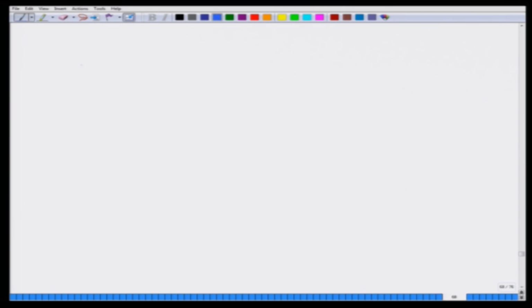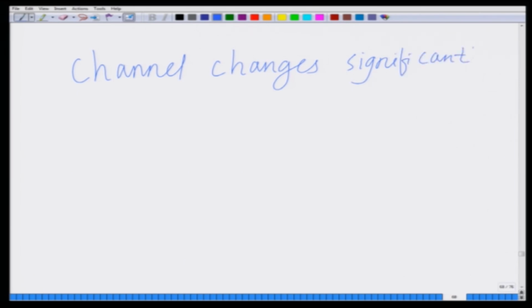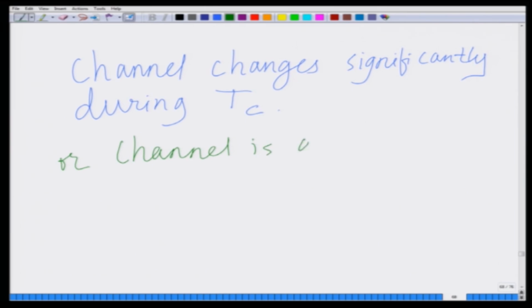So, we can say the channel changes significantly during the coherence time T c, or another way to say this is that the channel is approximately constant.